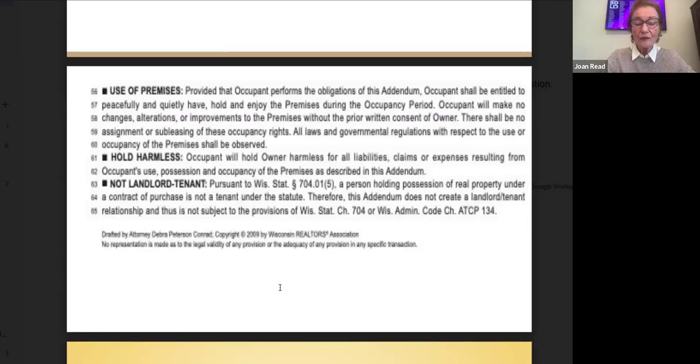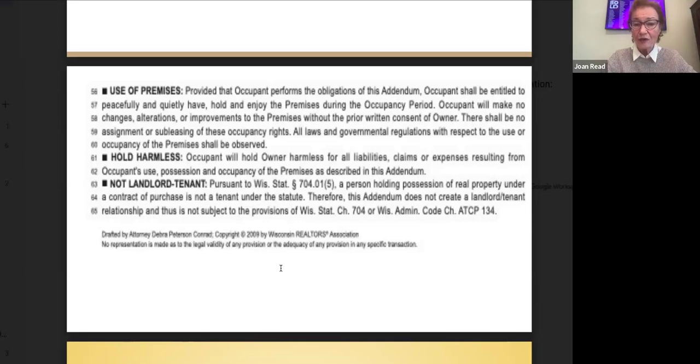And the last one, which is really important, has come up in a couple of calls that I've gotten. The new buyer who's giving occupancy to the seller cannot be considered a landlord.